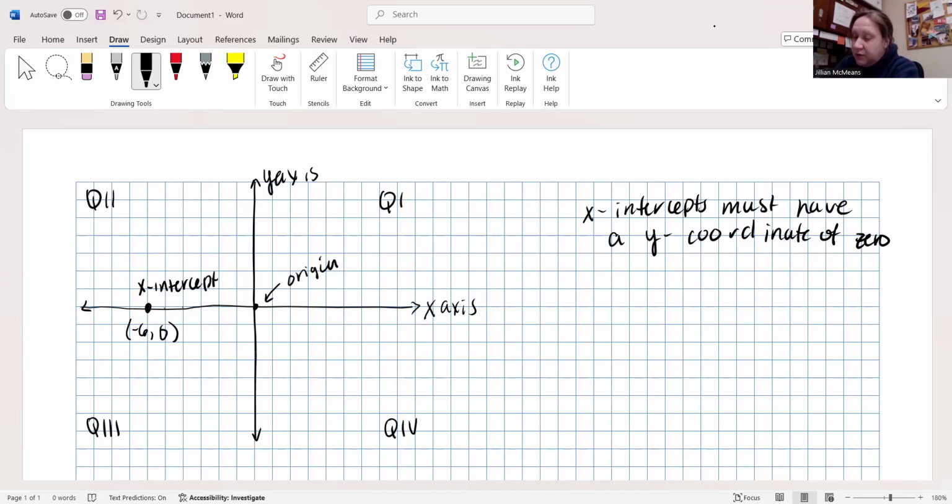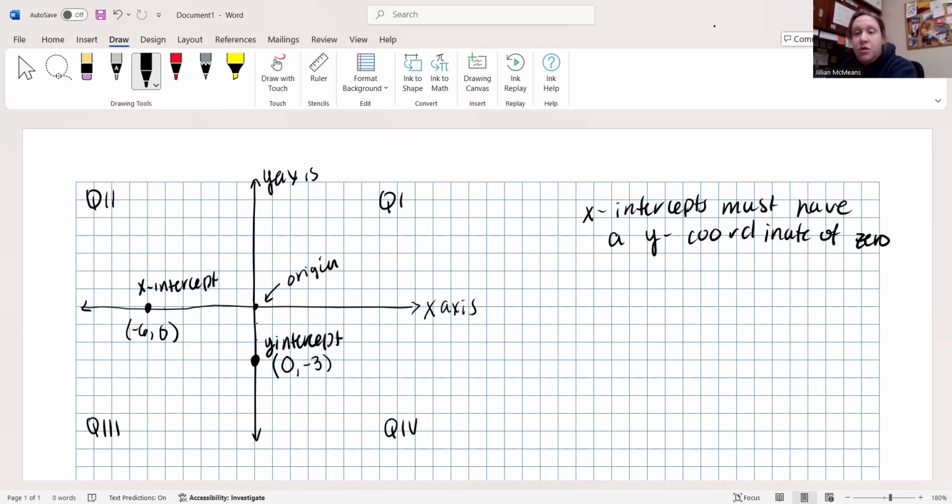Now, if I were to live over here, let's say, to get to this ordered pair at the origin, I would not go left or right. I would just go down 1, 2, 3. So this point would be 0 for x and then -3 for y. So notice I live on the y-axis. That means I'm a y-intercept. And the ordered pair has to have 0 for x.